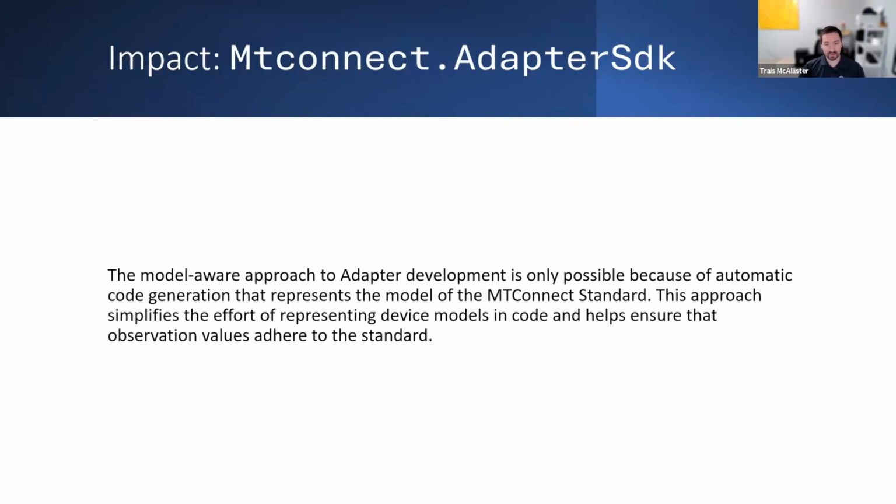I did that originally with the MTConnect Core project, pouring through the PDF files, looking at the previous version and then looking at the current version and figuring out what the differences were, and trying to maintain that manually and have a good code base, good clean SDK.